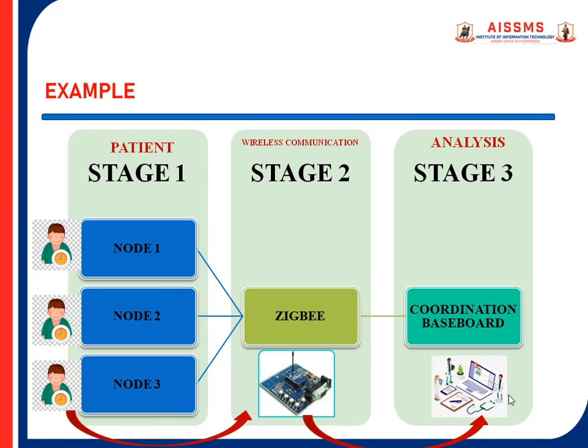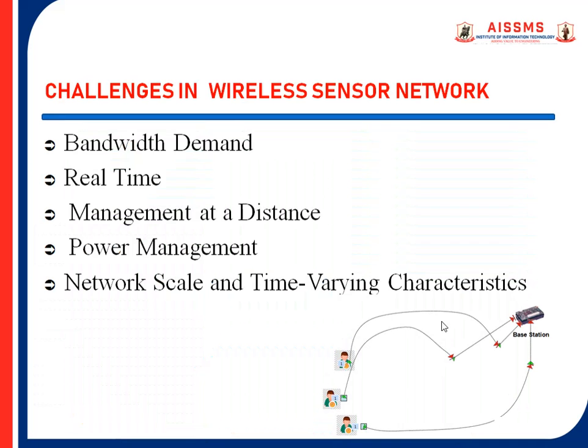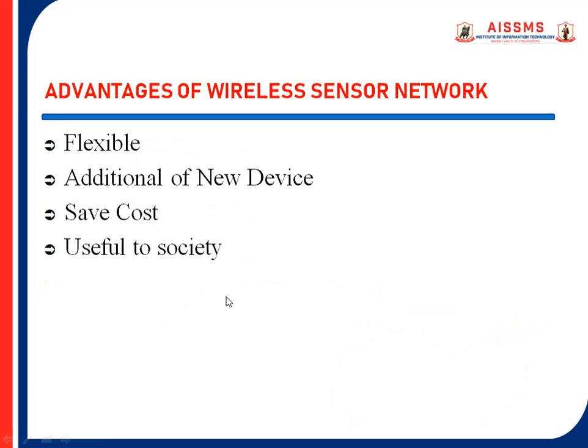While performing this wireless sensor network development, there are certain challenges. Those challenges are bandwidth demand, real time management at a distance, power management, network scale and time varying characteristics.